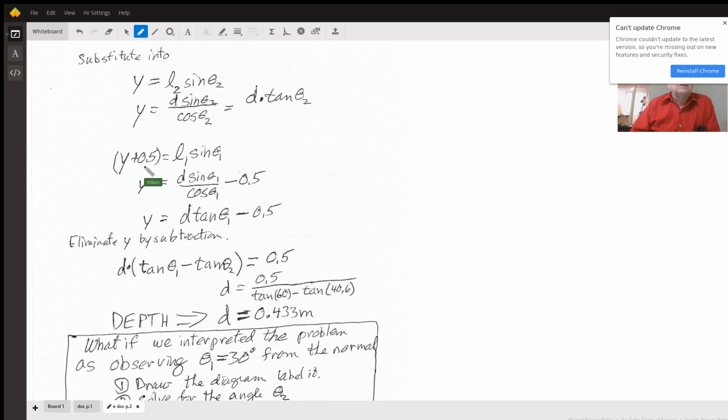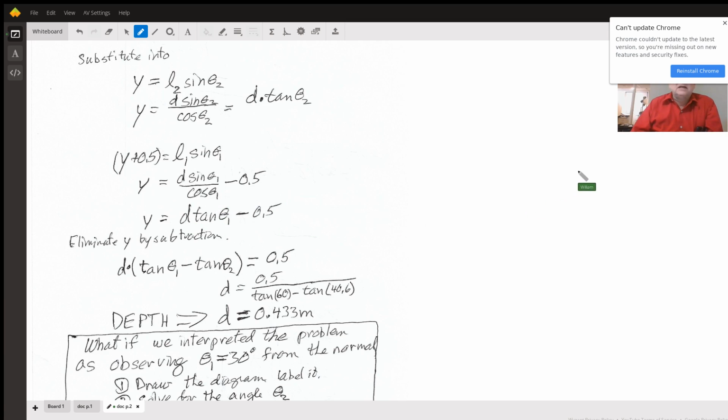Y plus 0.5 is the bottom distance. It consists of the shift in the image plus the amount of baseline left over, and that's equal to L1 sine of theta 1. So Y here is equal to D sine of theta 1 over cosine of theta 1, minus 0.5.